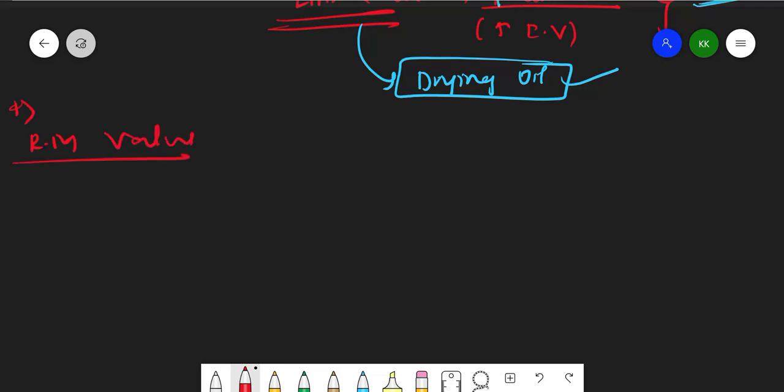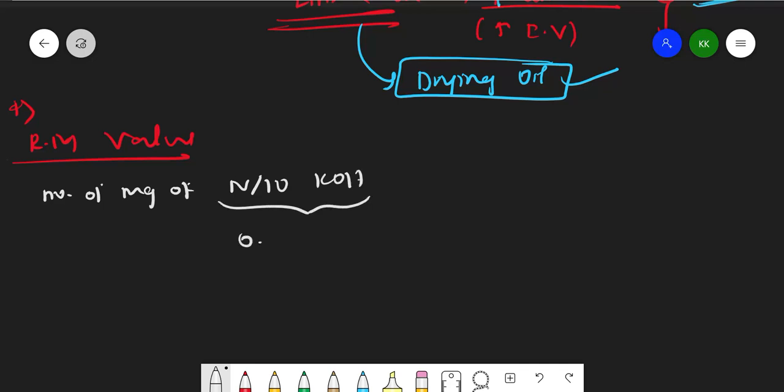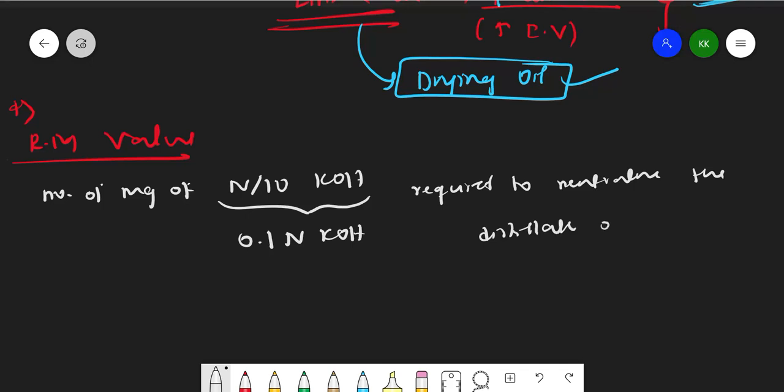Just write the definition, nothing much: the number of milligrams of N by 10 KOH, meaning 0.1 normality KOH solution, required to neutralize the distillate of 5 gram of hydrolyzed fat or oil. So that is the definition.